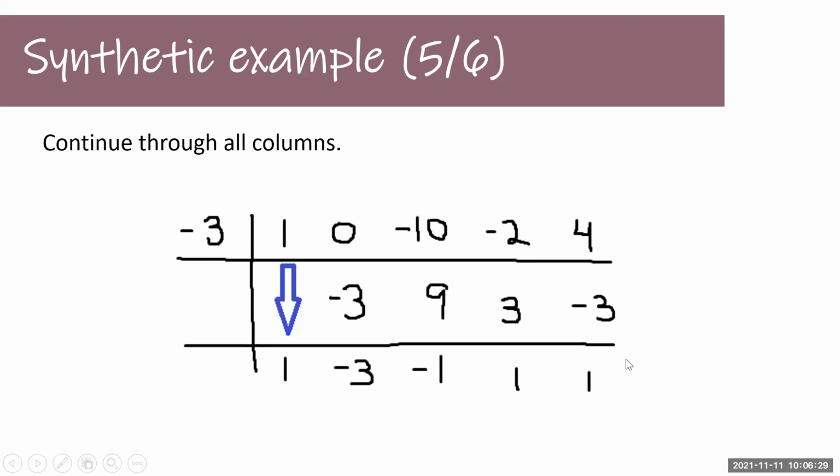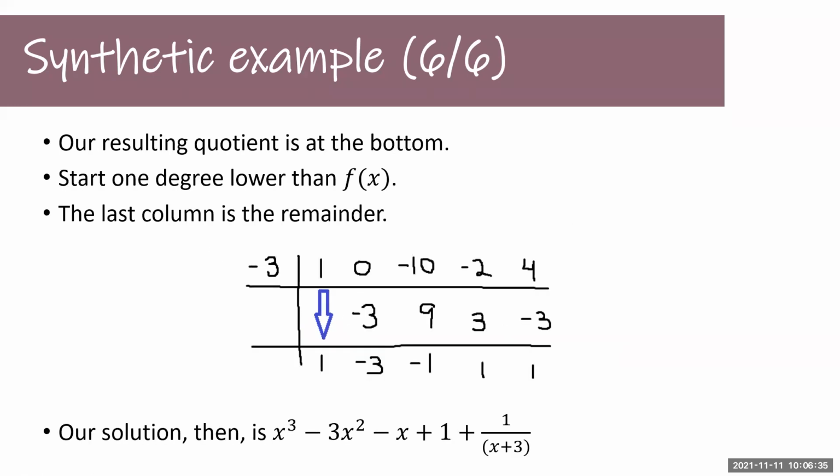And this is our answer to synthetic division. We use those as our coefficients in our answer. So our quotient is at the bottom, and remember we're dividing by an x, so we're going to start 1 degree lower than what we started with. So we had x to the fourth here, so we're going to start with x to the third as our degree. These are our coefficients.